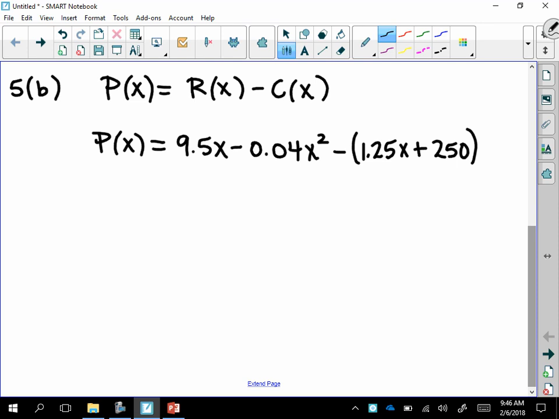Okay. So to find that profit function, I actually have to do a subtraction between the revenue and the cost functions. And then once I clean this up a little bit, I'm going to have my profit function, which would be negative 0.04x squared.